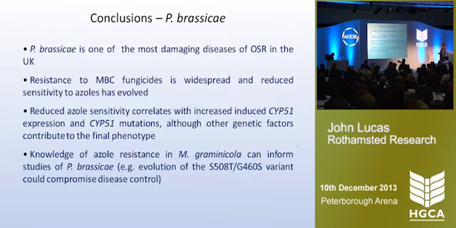So to conclude, we now know that this is emerging as a damaging disease in parts of the UK where previously it was not that important. Resistance to MBCs is widespread, and obviously we can't rely upon them. Reduced sensitivity to azoles has evolved. Mostly this is correlated with expression and mutations, although we think there's other genetic factors contributing, which we haven't yet characterized.